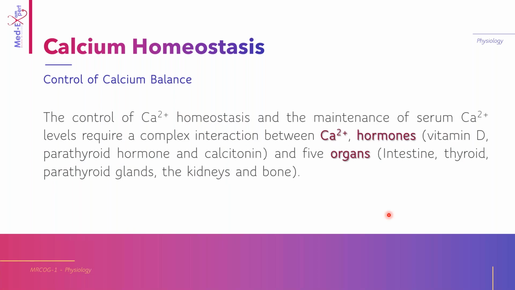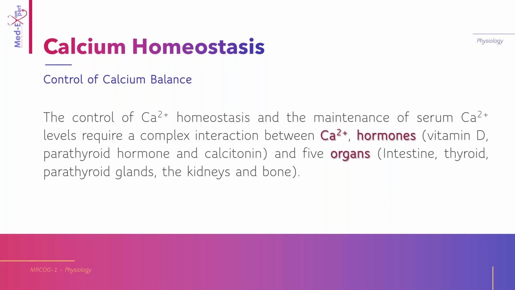Now, we have different hormones and different organs which interact together to regulate this balance. These hormones are vitamin D, parathyroid hormone, and calcitonin. And the organs are the intestine, thyroid, parathyroid glands, kidneys, and bone.